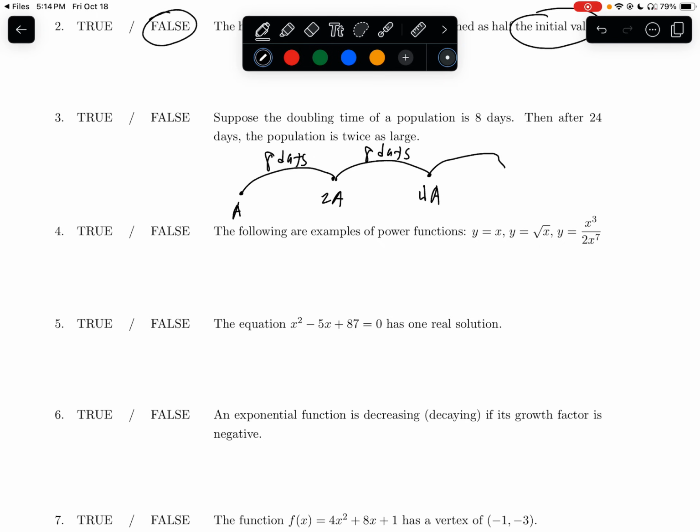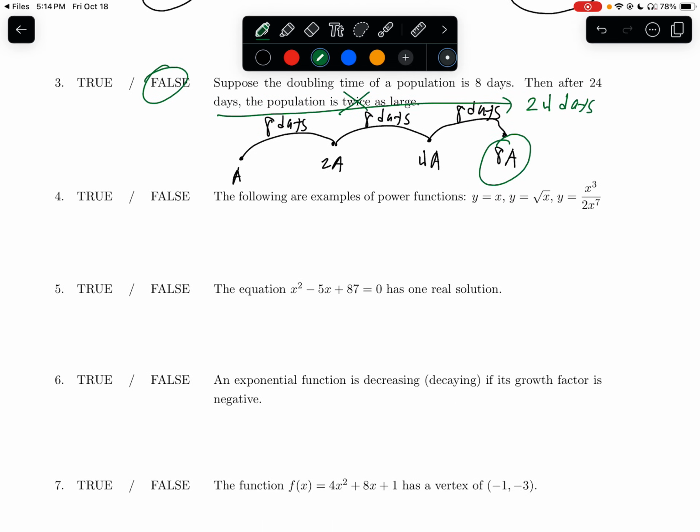And I go another 8 days, and the 4A would have doubled, so I would have 8A. And now I've proceeded to go 8 plus 8 plus 8, so 24 days. But my population is 8 times as big, not twice, so this is not true.